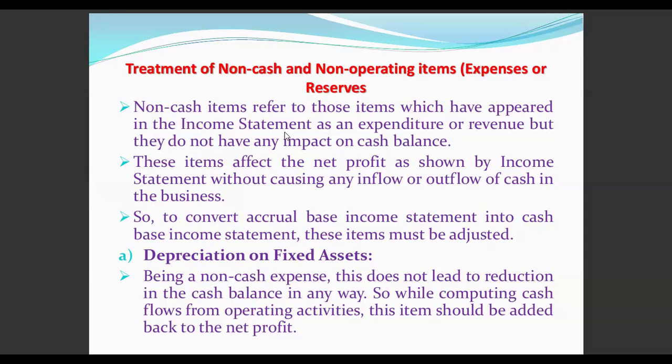So when I have reserves and surplus, even if they are not directly affecting my cash balance, they are going to make an impact, because anything paid in advance or anything outstanding is going to affect my cash balance. Hence, we need to adjust the non-cash items also.